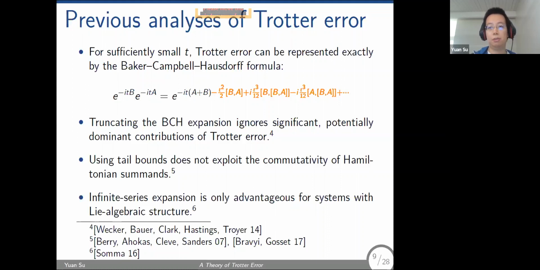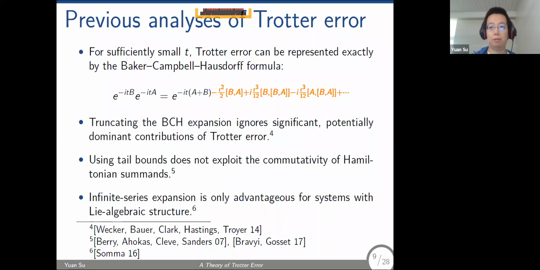But it turns out that there could be some issues with the approach for simulating many systems. For many cases, these higher order nested commutators turn out to grow very fast. So they can grow faster than the second order term, given this trade-off between t and the commutator. So actually, you won't get a very accurate estimate of Trotter error if you do this kind of truncation.